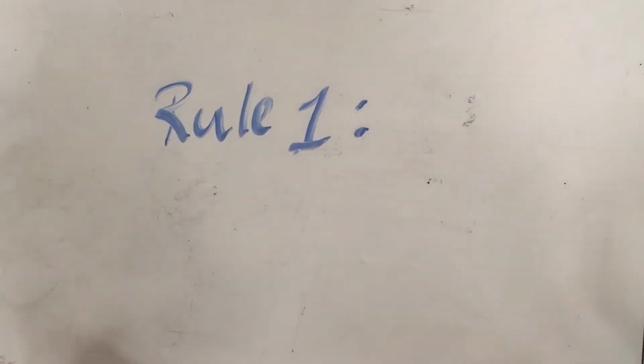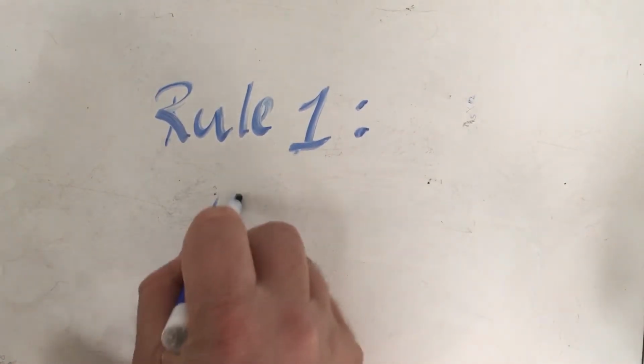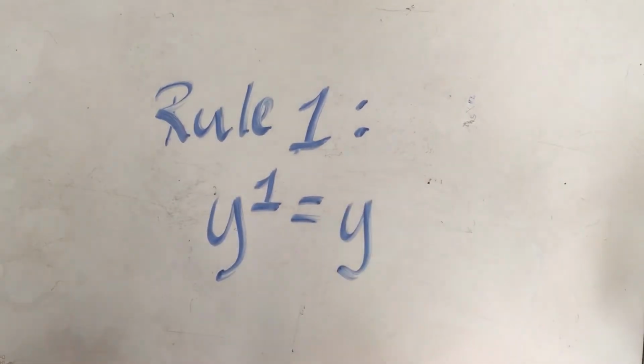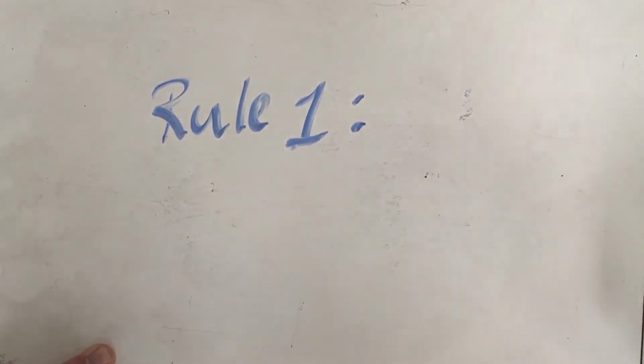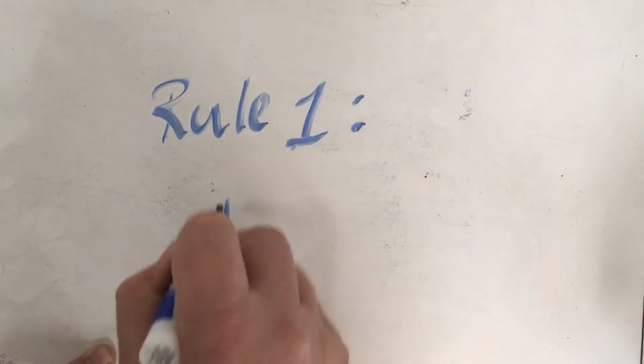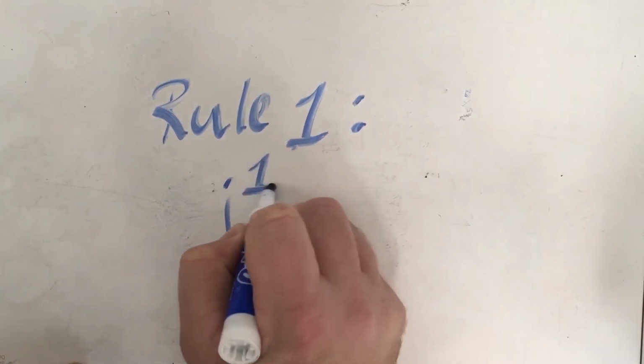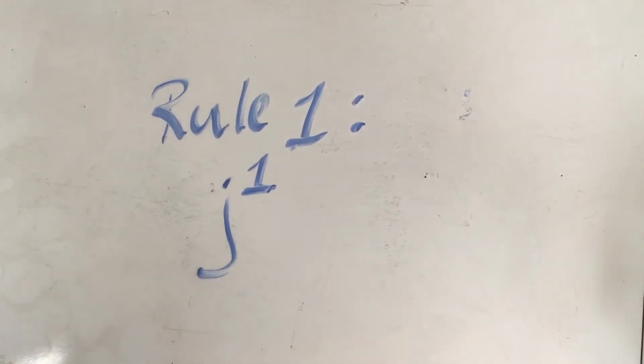Because it's telling me to take the number or the variable and write it down that many times. And the operation would be multiplication, but there's nothing else there to write. So it's just that variable. And it goes both ways. If you ever see a variable sitting by itself, you know it's understood to be the first power. That's a real easy rule to understand, but a really important rule as we go forward.